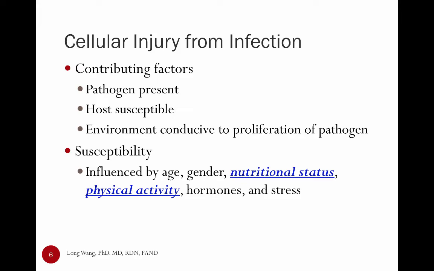So this is already known. Therefore, that's a part of the strategy to fight infection, basically by maintaining or improving nutritional status and increasing the physical activity level. We are making the host less susceptible to infection.